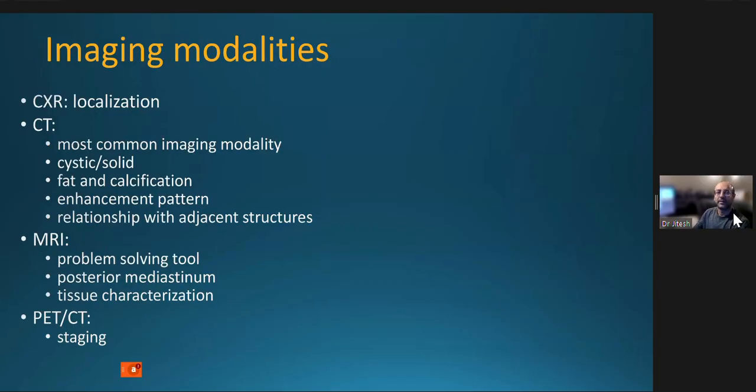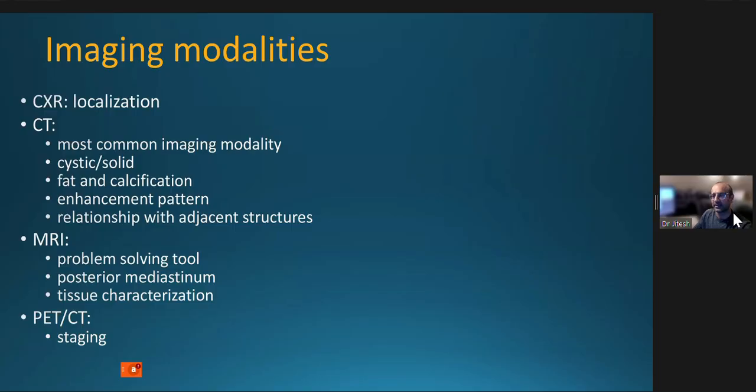So in terms of imaging modalities, chest radiograph is most commonly the initial modality because most of these masses are asymptomatic. Patients may just present without any symptoms. They are identified incidentally. So chest radiograph is good for localization. But when it comes to further characterizing these masses, CT is the imaging modality of choice.